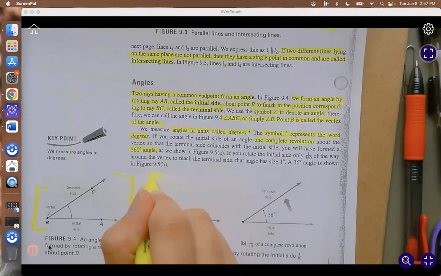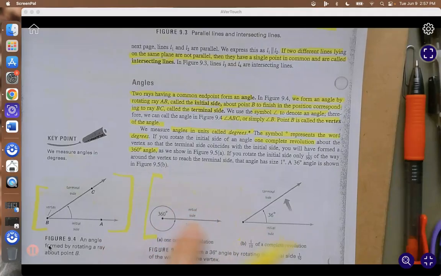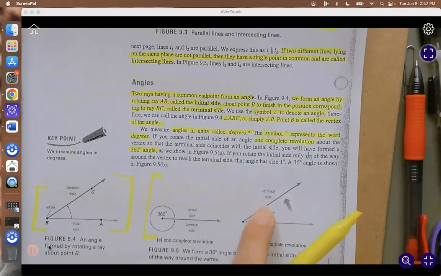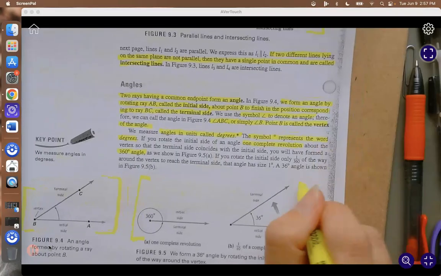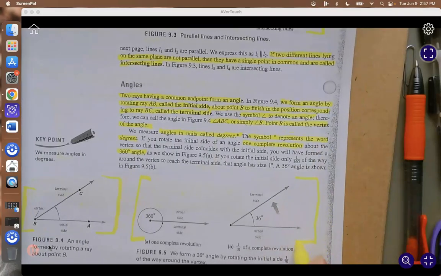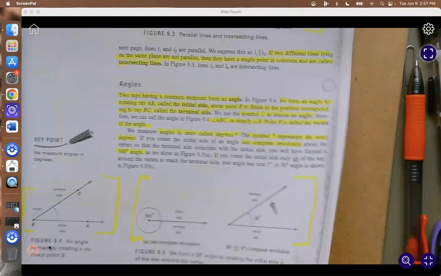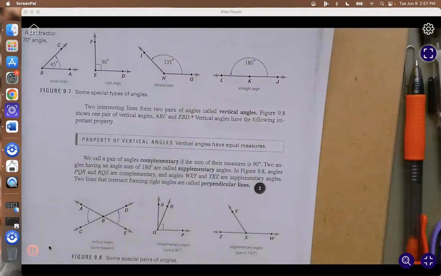So if you start and end at the same spot, that's 360 degrees. If you just go 1/10 of a complete revolution, that's 36 degrees. Alright, so we have that.